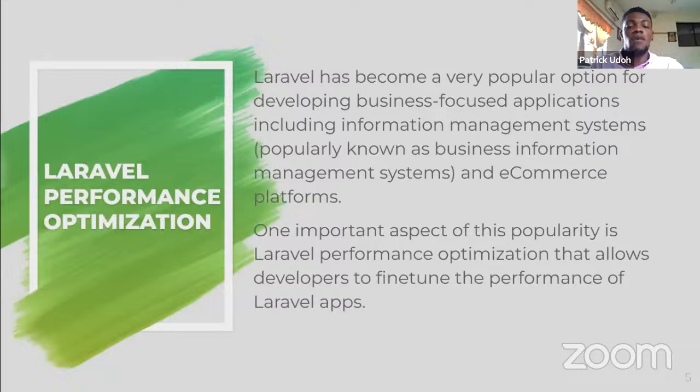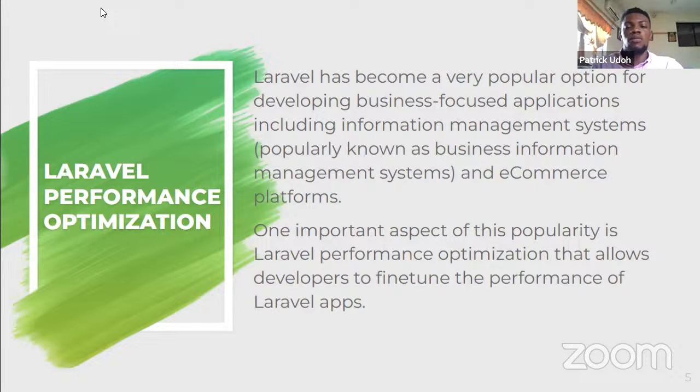So now, of course, Laravel has become one of the popular options for developing business applications. When you mention PHP, one of the famous frameworks that comes to mind is Laravel. We still have some like CodeIgniter and Symfony that are still very much popular.